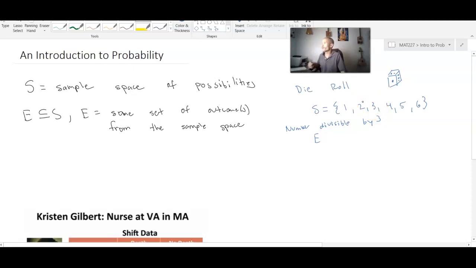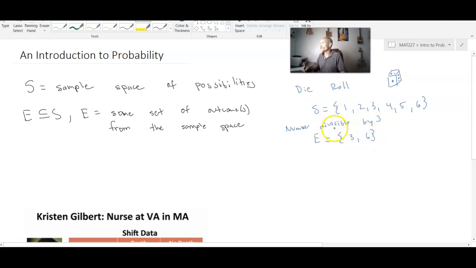We take 6, we divide it by 3, we get an integer. But any of these other elements, 2 is not divisible by 3, since 2 divided by 3 is 2/3, which is 0.666 repeating. And so that's not going to be divisible by 3. So the elements within the sample space that we're interested in are the elements 3 and 6.